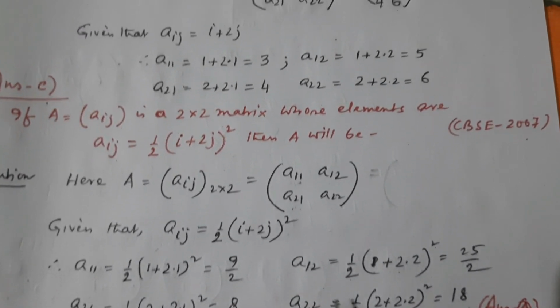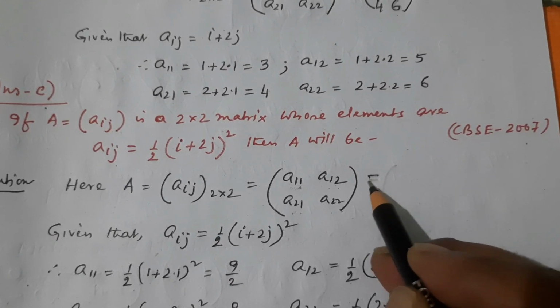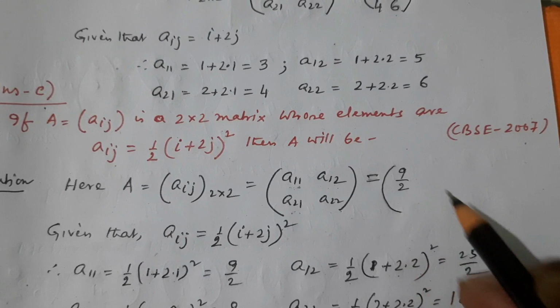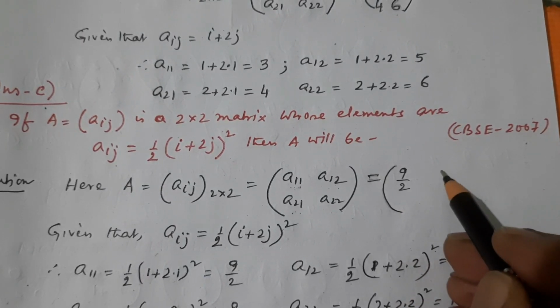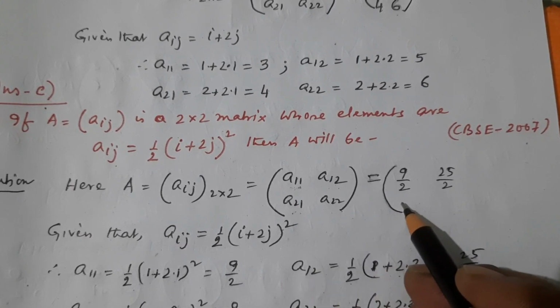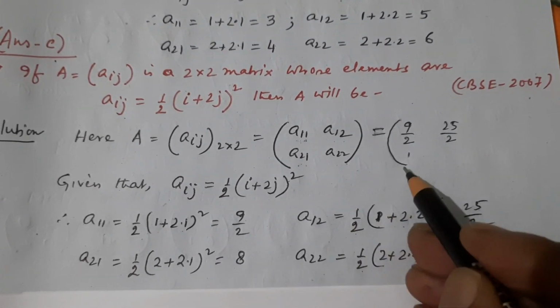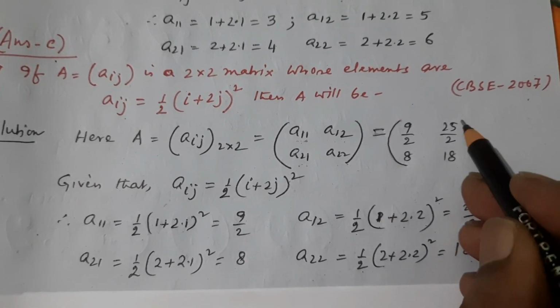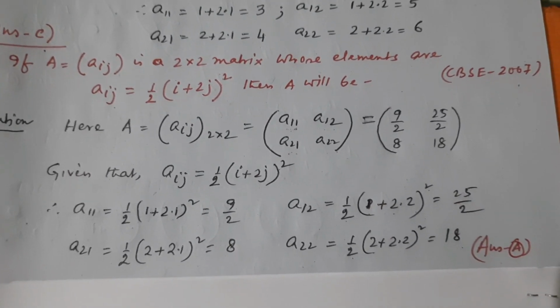Therefore we can write the matrix A as 9 by 2, 25 by 2, 8, 18. So the correct option is A.